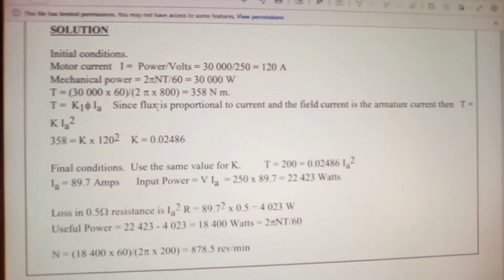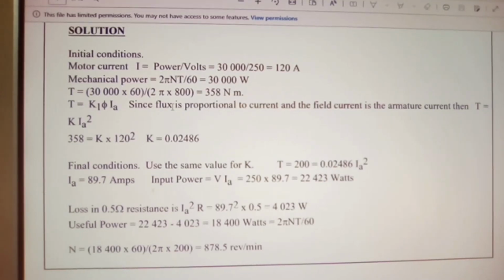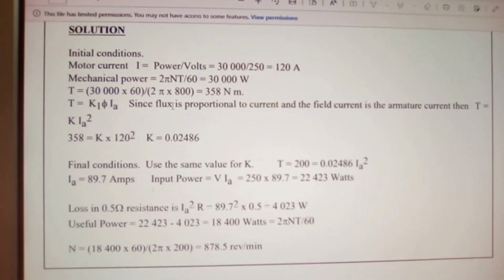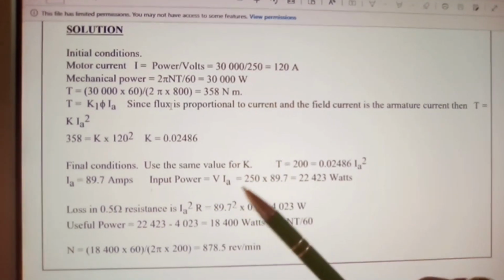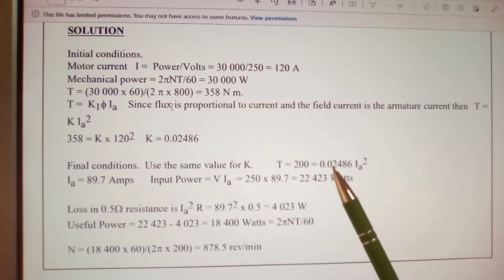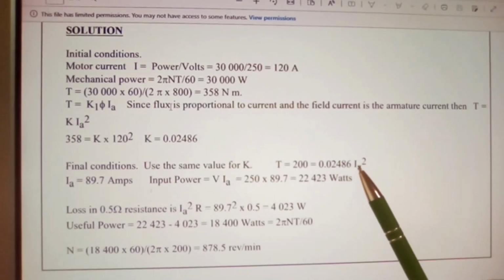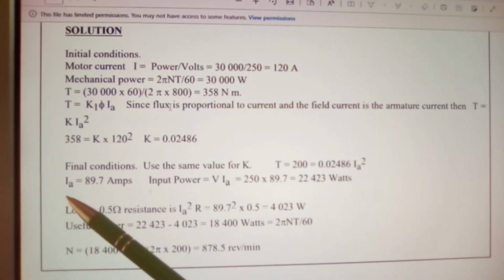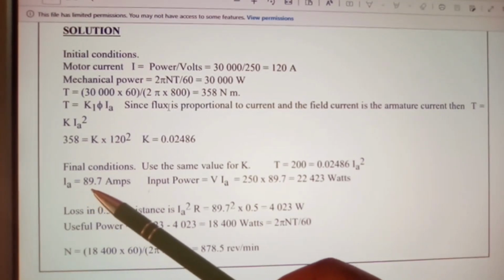So for T, now you know the final condition, use the same value of K. T equals 200 equals 0.02486 times IA, the armature current, squared. IA equals 89.7 amps.